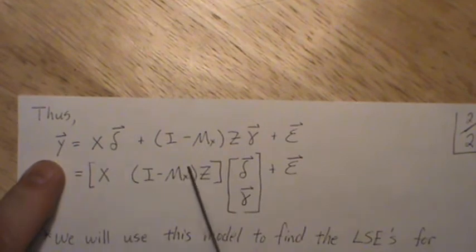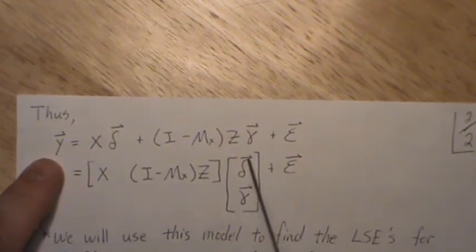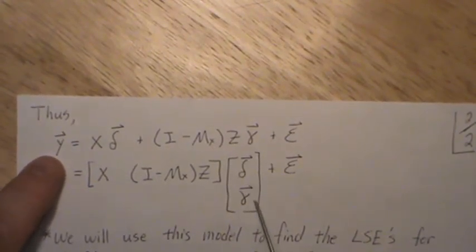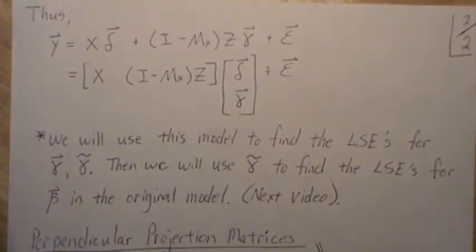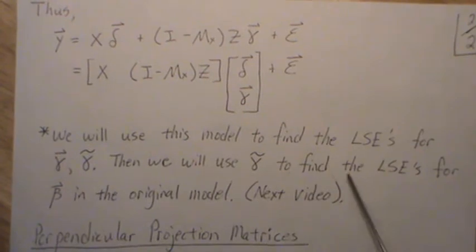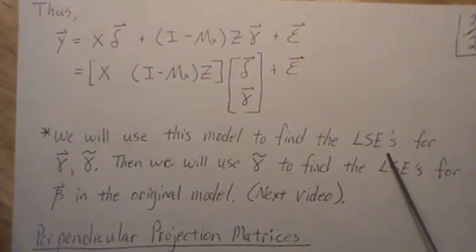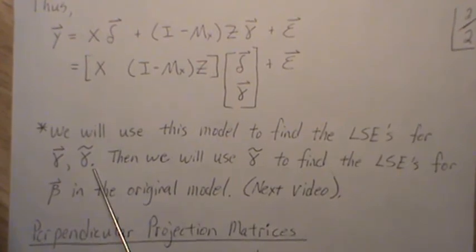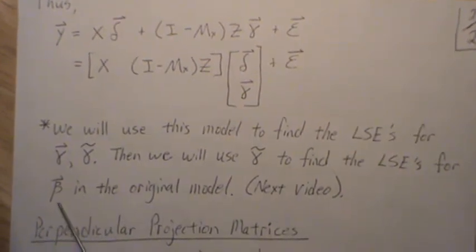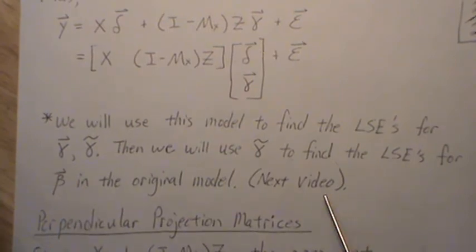This is X in quotes, and this is beta star in quotes. So it's a linear model. Now, we'll use this model to find the least squares estimates for gamma, which we'll call gamma tilde. Then we'll use gamma tilde to find the least squares estimates for beta in the original model. This is what the next video is going to deal with.